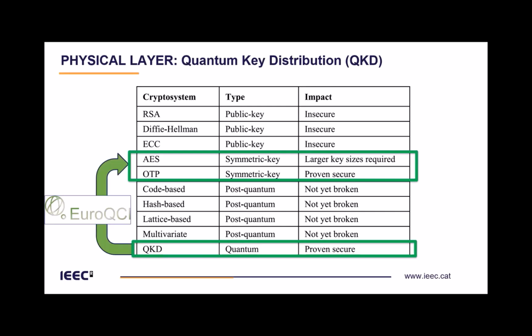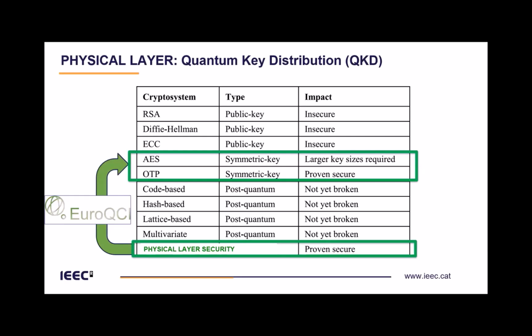And then what we try to propose here is that we can do not only this EuroQCI with QKD, but with any cryptographic protocol at the physical layer, either classical or quantum.